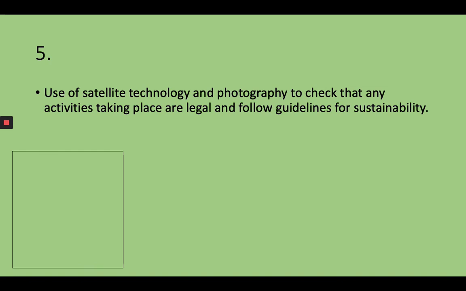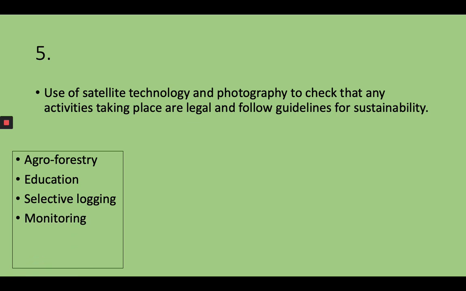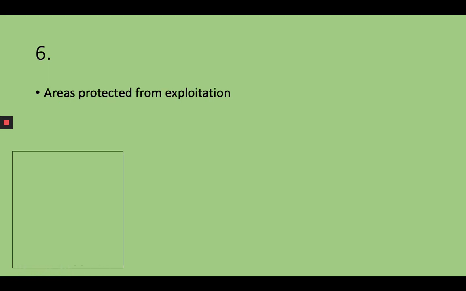Number five, use of satellite technology and photography to check that any activities taking place are legal and follow guidelines for sustainability. Number six, areas protected from exploitation.